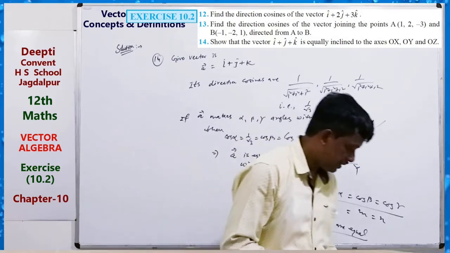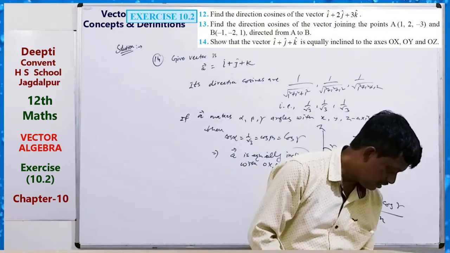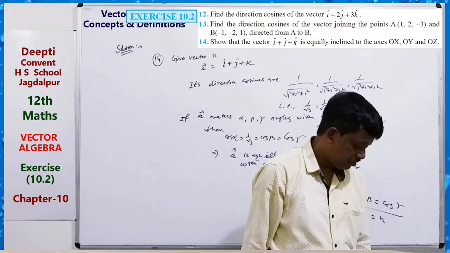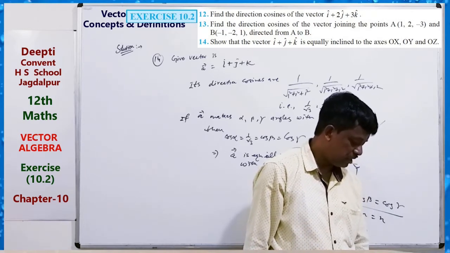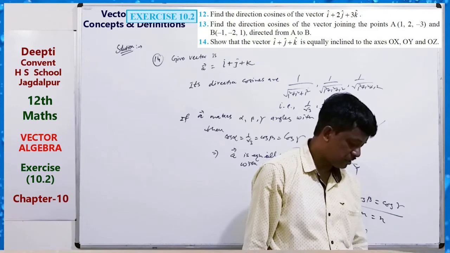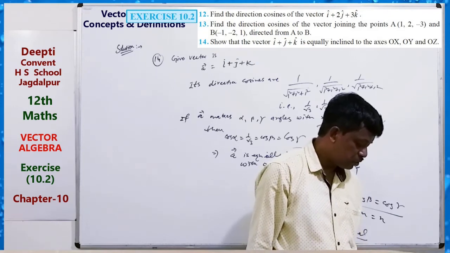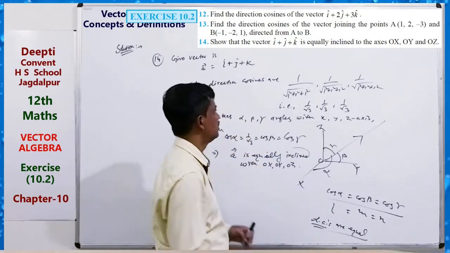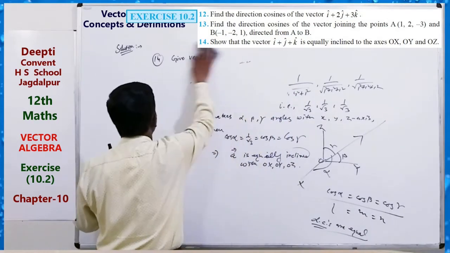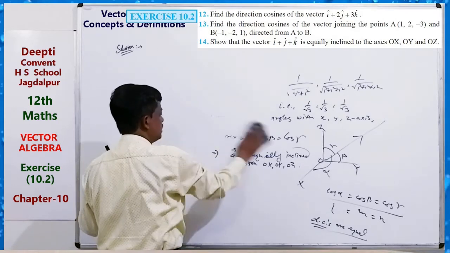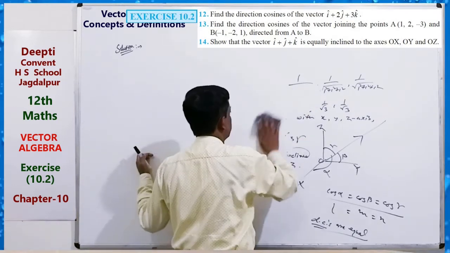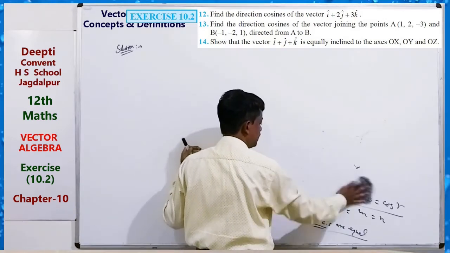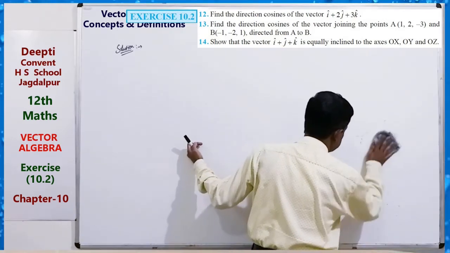Clear? Now 15. Find the position vector of a point R which divides the line joining two points P and Q, whose position vectors are given, in the ratio 3, internally and externally. Very simple, internal and external division of a line segment by a point, and its position vector can be found by a simple formula.